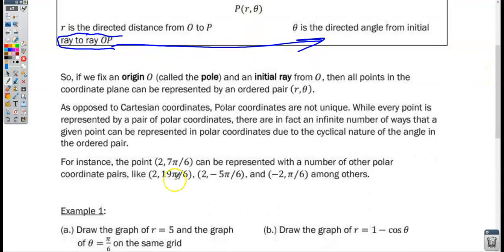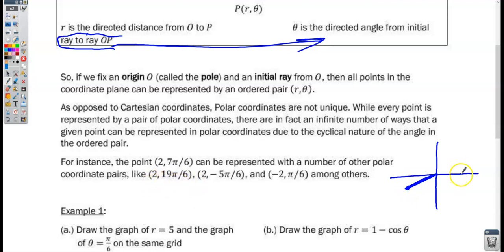It says here, for instance, the point 2, 7 pi over 6 can be represented with a number of other polar coordinate pairs. For instance, the point 2, 7 pi over 6 is right over here, where the radius is 2 units and the angle is 7 pi over 6. Well, if I go around the unit circle again, this can also be represented by the ordered pair 2, 19 pi over 6.